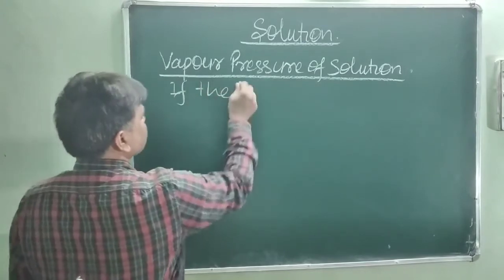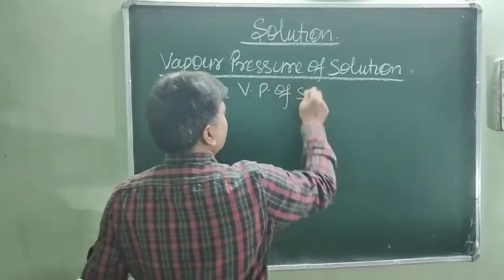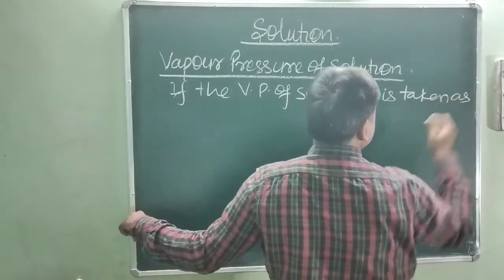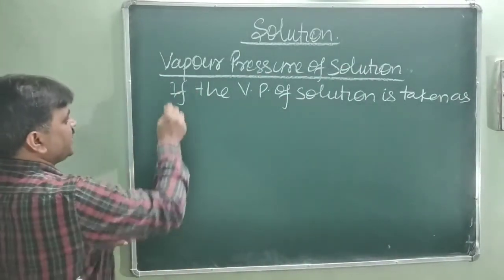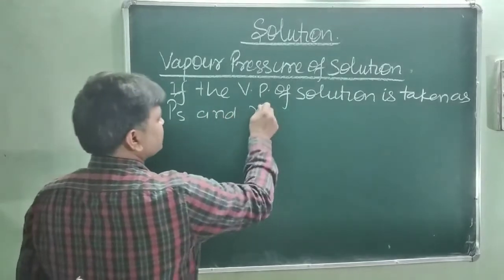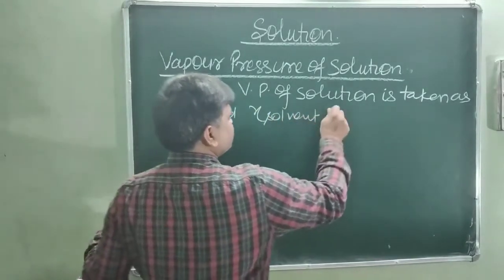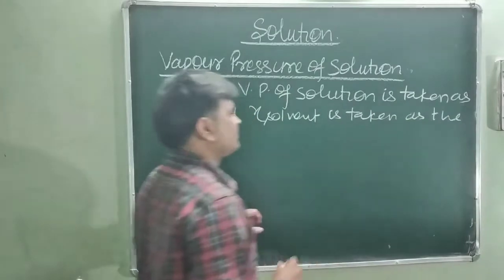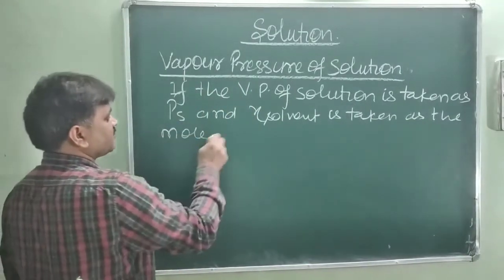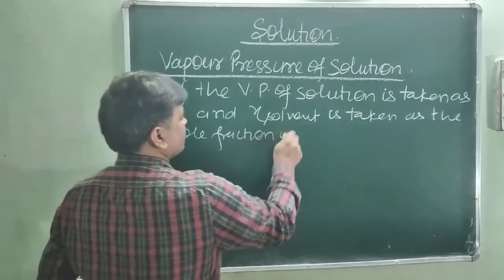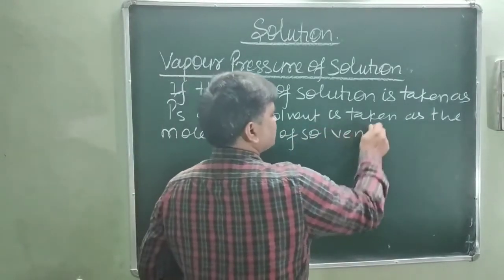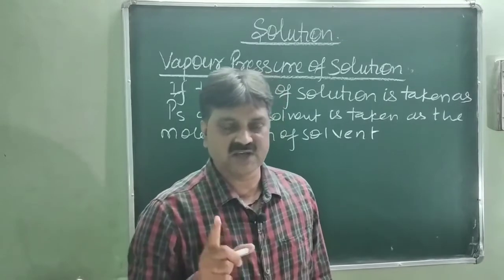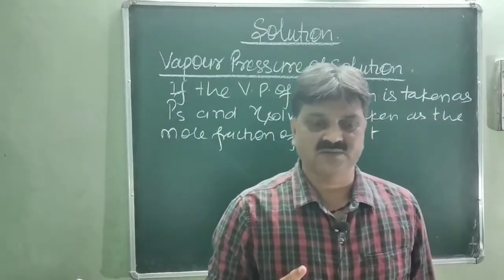If the vapor pressure of the solution is taken as PS and X solvent is taken as the mole fraction of the solvent, then PS indicates the vapor pressure of the solution and X solvent indicates the mole fraction of the solvent.